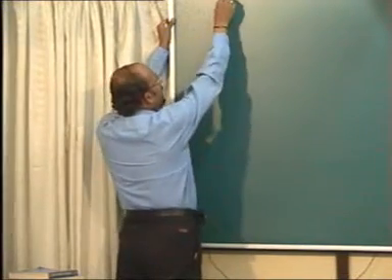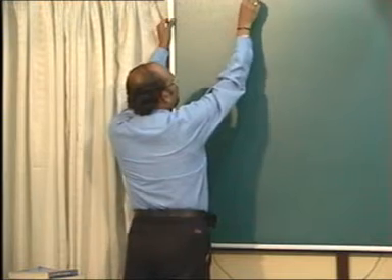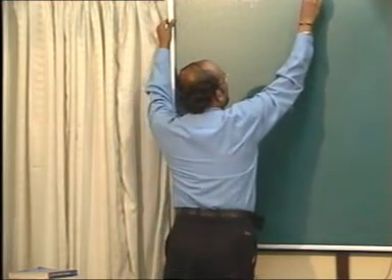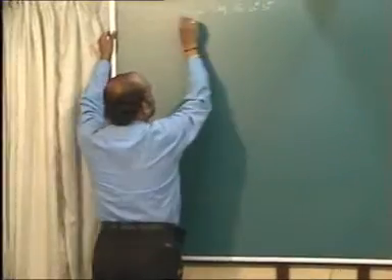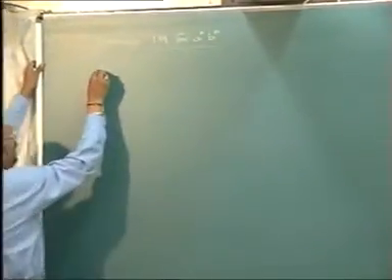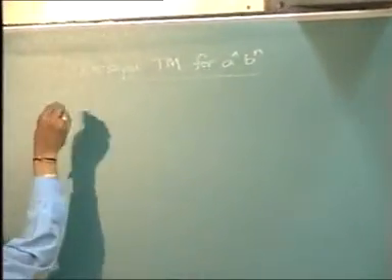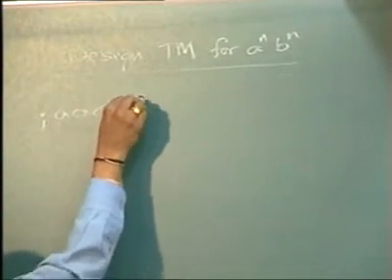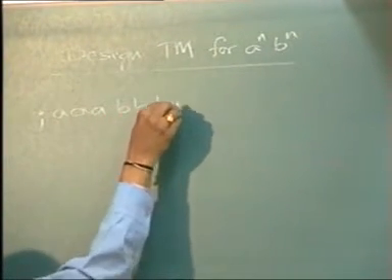So to design a Turing machine for A raised to n, B raised to n, I start with the string A, B, B, which is put in between the semicolons.